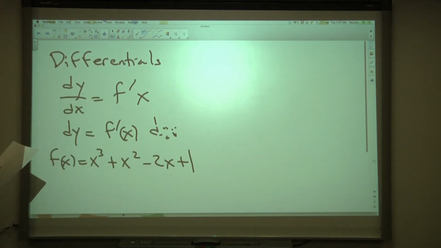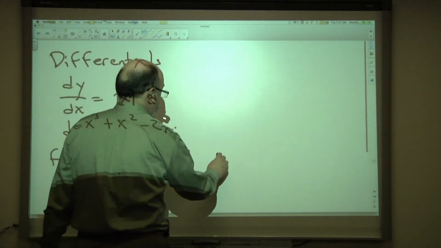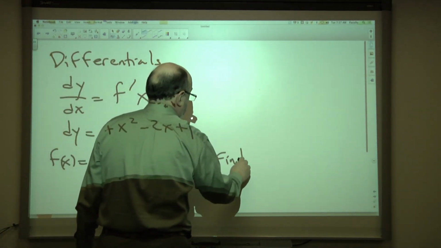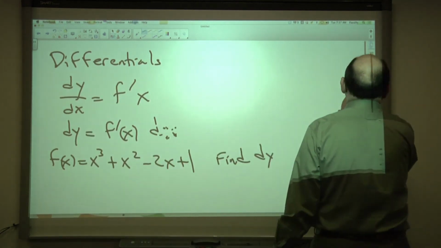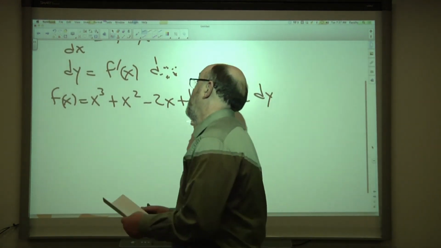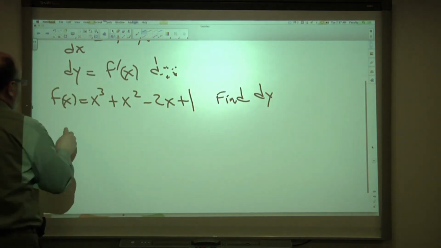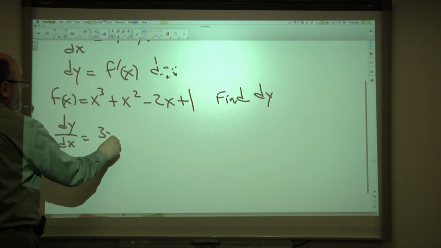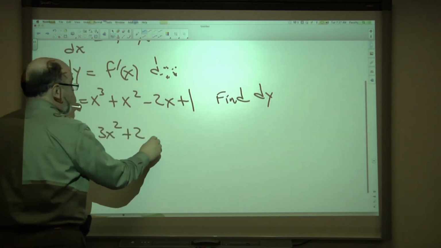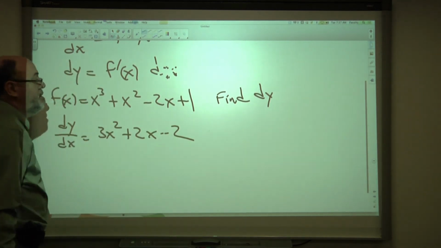Right? And I want to find dy. So first thing I'm going to do is find my derivative. Right? So we got the derivative dy dx is going to equal 3x squared plus 2x minus 2.